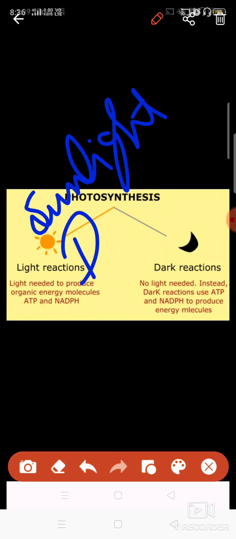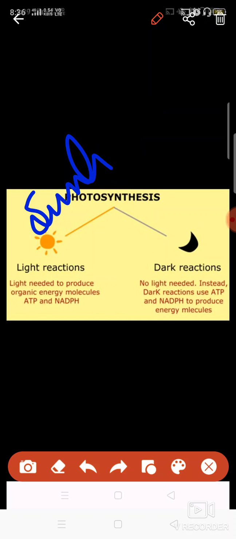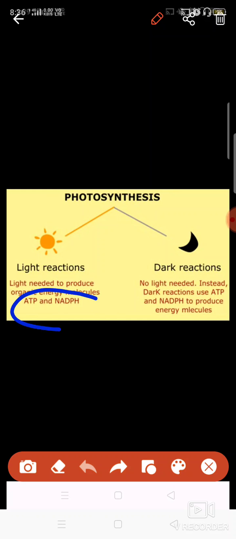During the daytime, the light reaction is carried out, and in this reaction the chlorophyll molecules absorb the sunlight and convert this solar energy into chemical energy, which is known as ATP and NADPH.